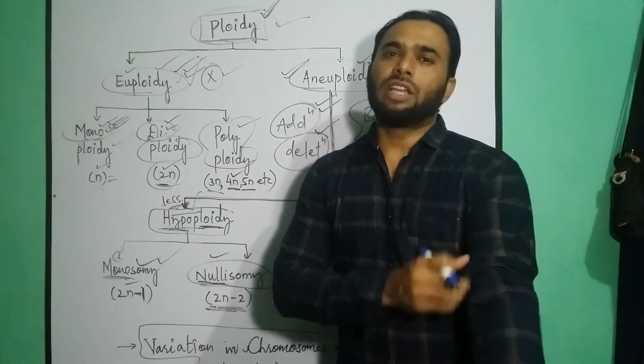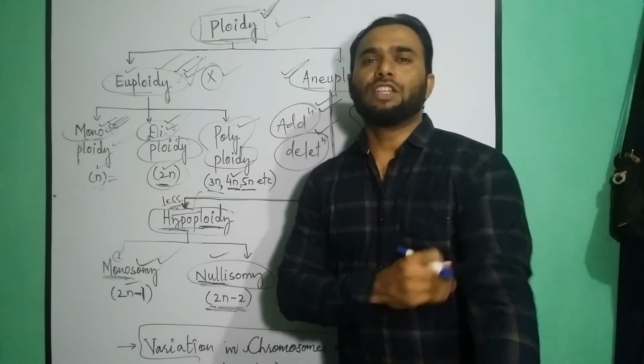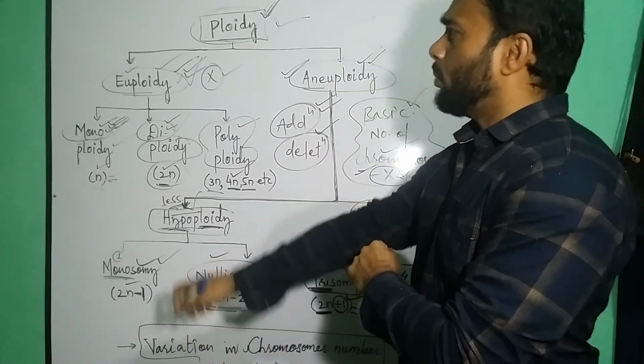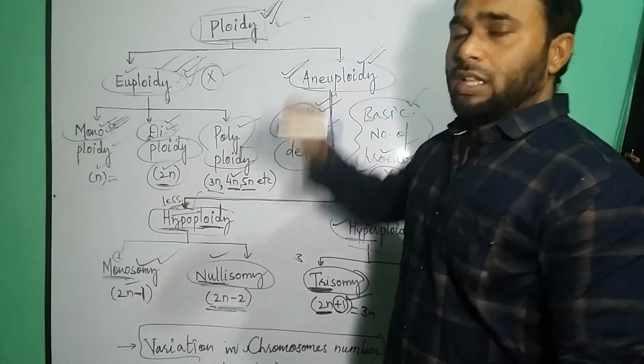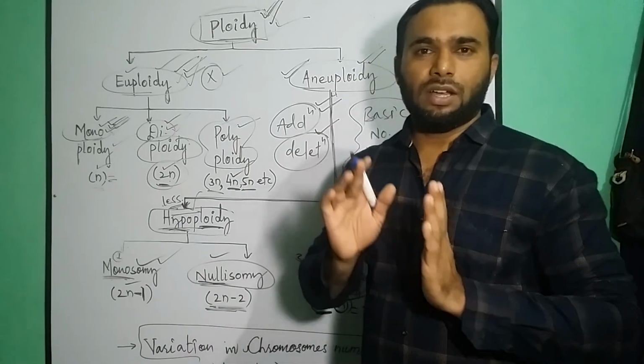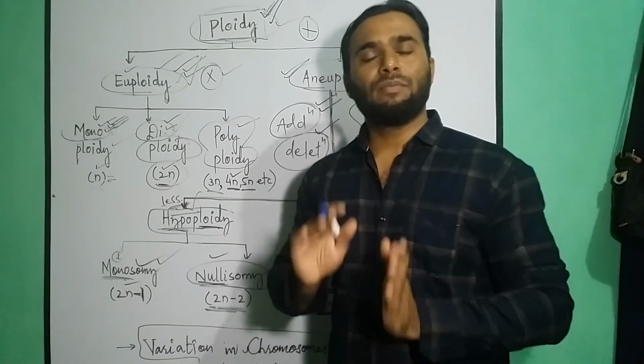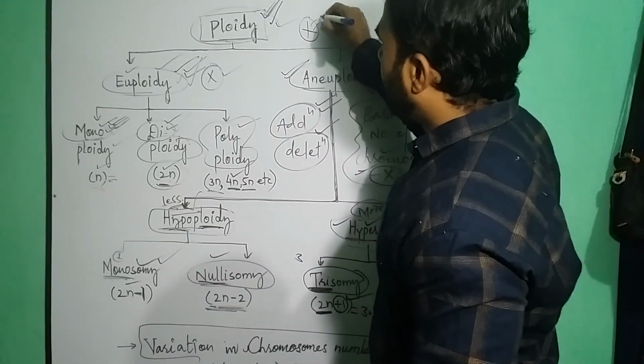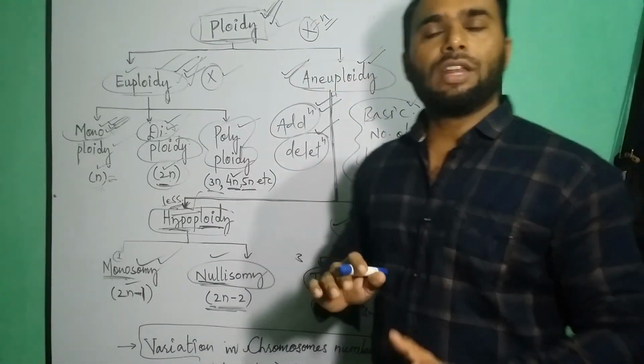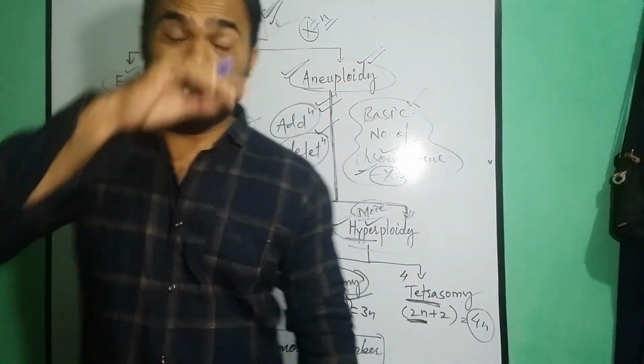Let's see a quick review or recap of this ploidy topic one by one. What is ploidy? The degree of repetition of the basic number of chromosomes, that is x, meaning how many sets of x are there, where x is indicated by small n. Small n means the number of chromosomes. So it is called ploidy.